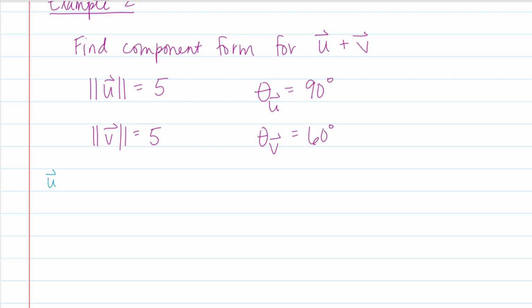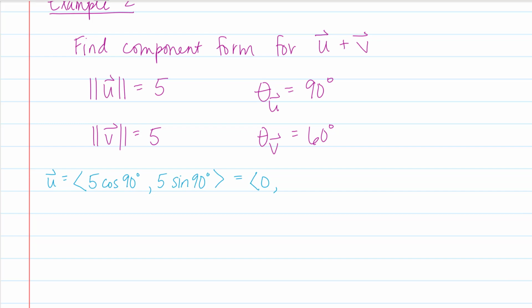Okay, let's look at u first. u is going to be a magnitude of 5 times cosine of 90 degrees, and a magnitude of 5 times sine of 90 degrees. Well, what is cosine at 90 degrees? 0. So 5 times 0 is 0.